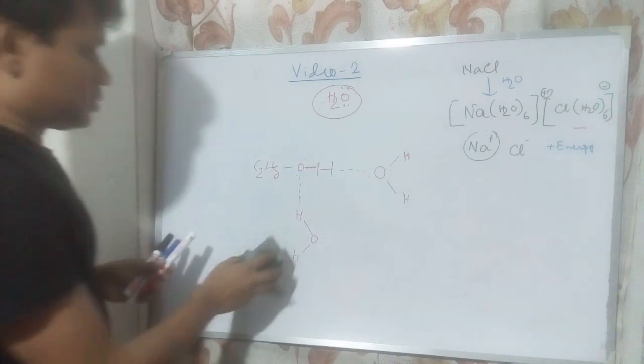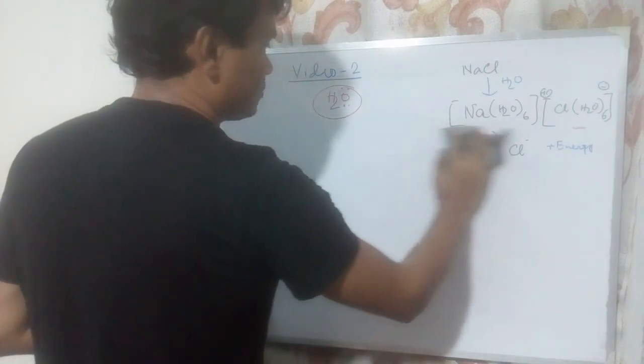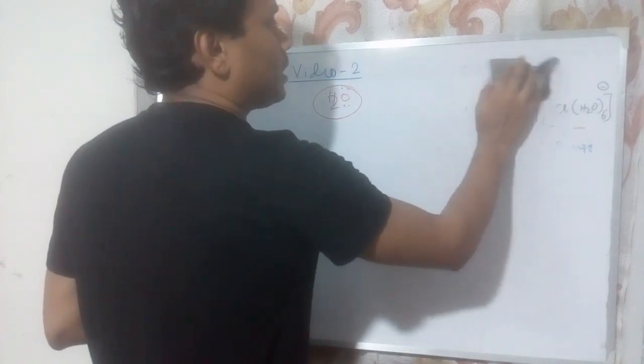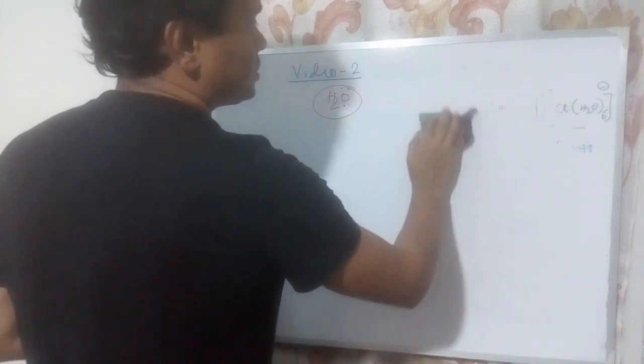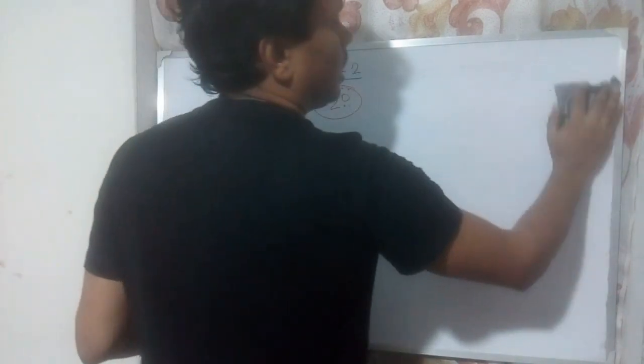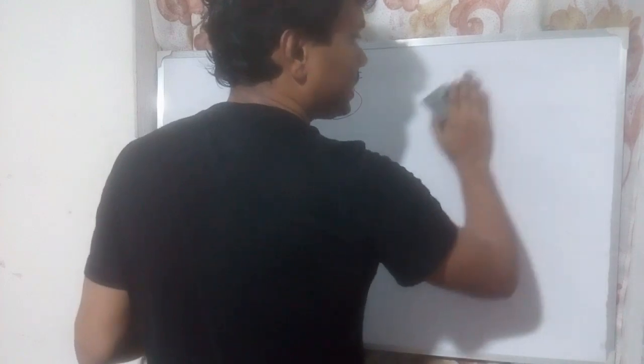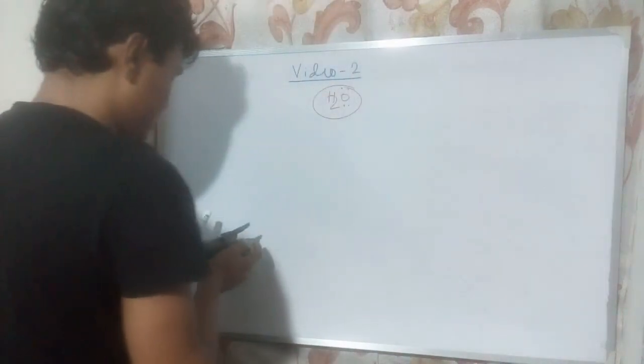Okay. So what we understood is that water has two types of polarity. One is the positive side, the hydrogen part, and it also has a negative side, the oxygen part.